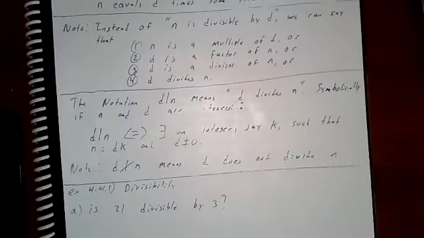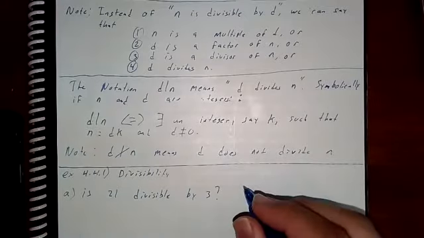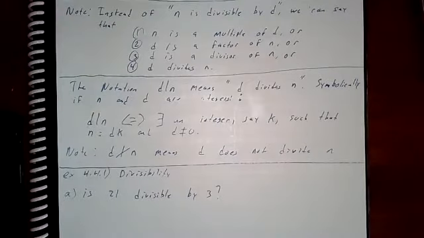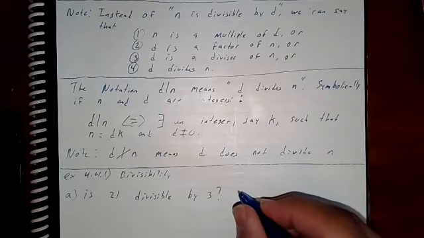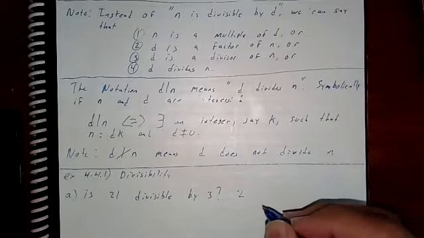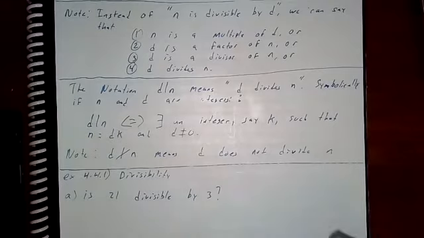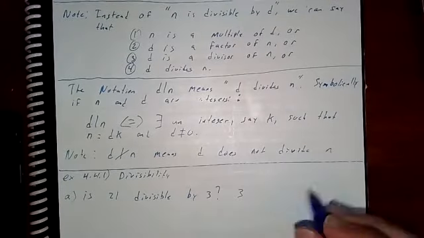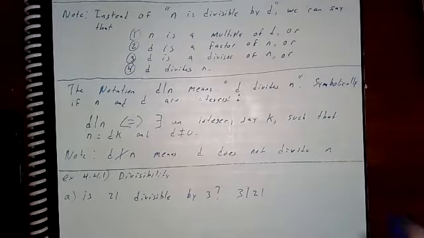All right, so let's do a couple of basic questions. Let's use the definition. Is 21 divisible by 3? Well, that's the same thing as saying, let's use our definition here, 3 divides 21, right?